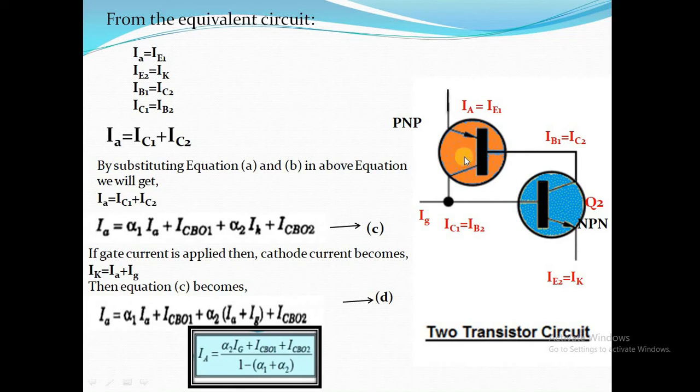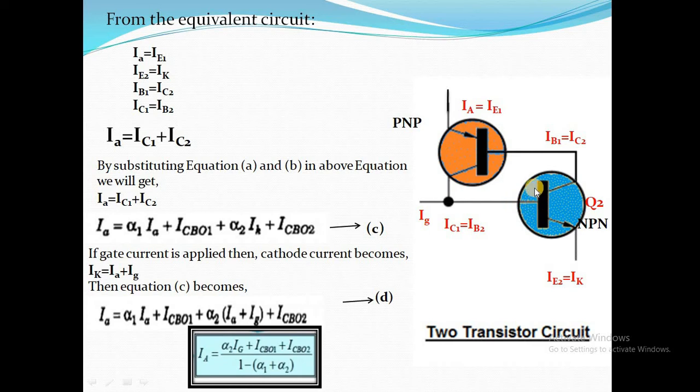So if we consider the SCR is made forward biased from anode to cathode, that is, this transistor is forward biased and this transistor is also forward biased, and if the gate is made 0, then this gate terminal is connected to the base of the second transistor, that is, gate current is 0, then the base current of the second transistor is 0.